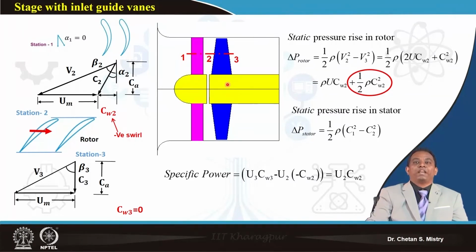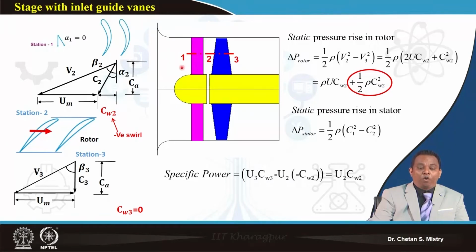Changing the pitch in a rotating configuration is very challenging, so that can be handled by using this inlet guide vane, which gives you modulation of the mass flow rate.